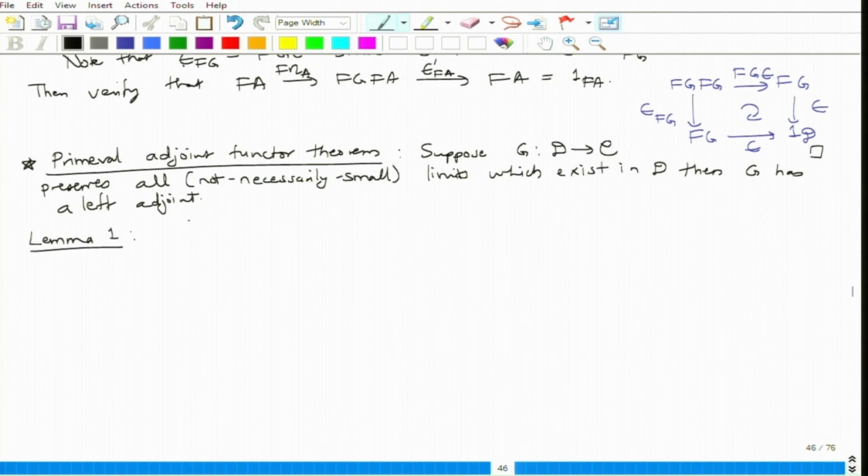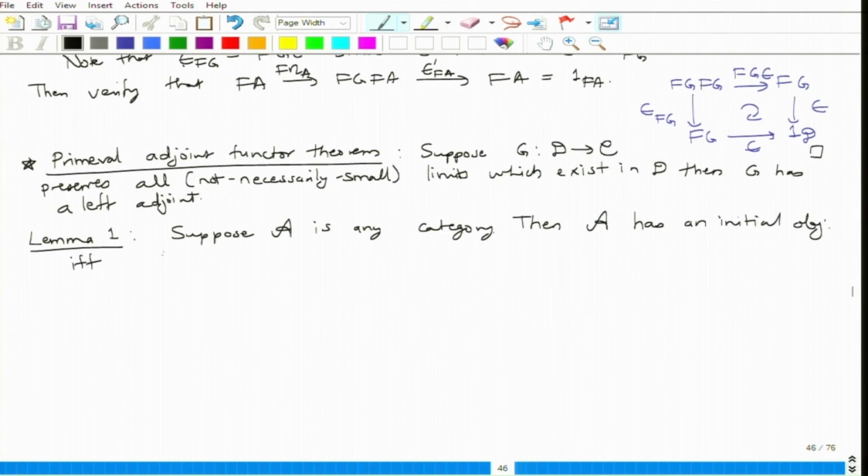It says that suppose A is any category, then A has an initial object if and only if the diagram A to A, the identity diagram on A, has a limit.